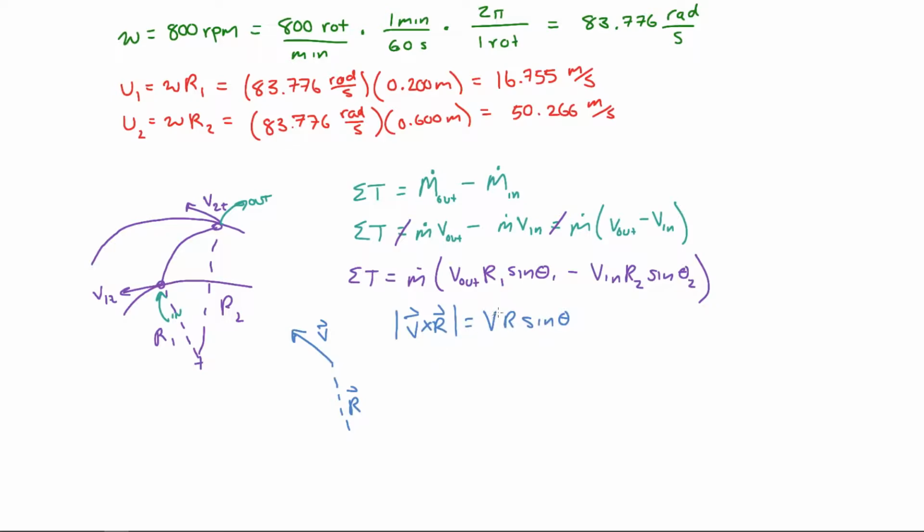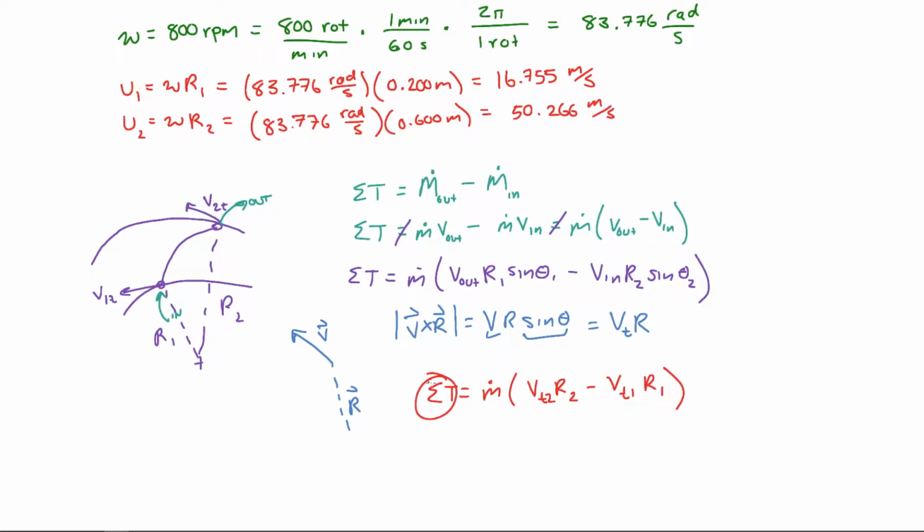So what we can do, we have things defined in terms of tangential components. We can say that V times the sine of theta is simply the tangential velocity times R. Therefore, we could say that the sum of torques acting on the system is simply the mass flow rate times the velocity tangentially at 2, because it's the velocity coming out, times R2 minus V tangential of 1 times R1.